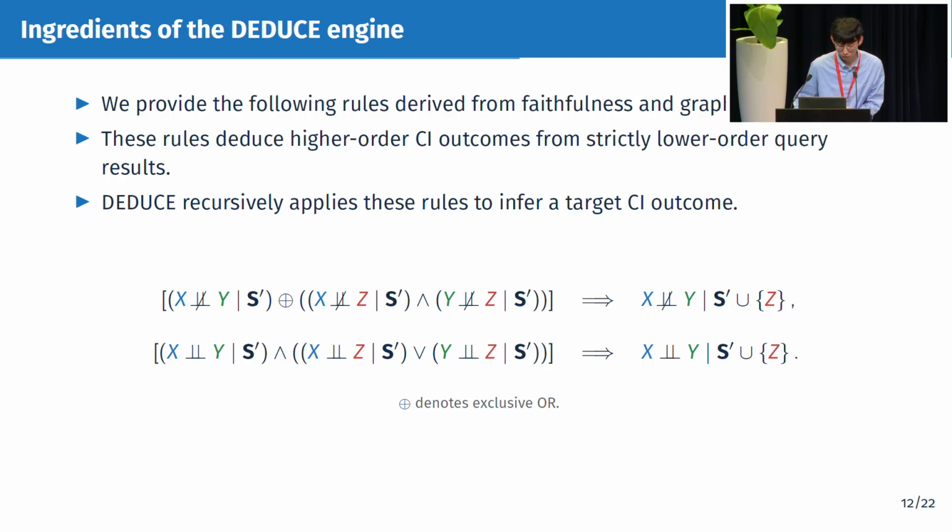I won't go through every logical case written in here, but the important point is that the Deduce module recursively applies these rules to infer a target conditional independence outcome. A higher-order query can be reduced to several lower-order queries, and those, until we reach results already available in the query history.